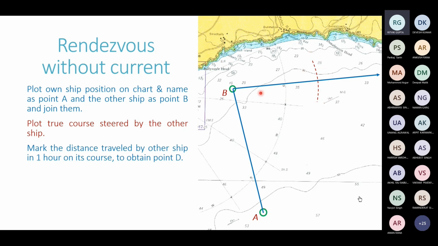The radius of this arc is equal to the distance traveled by the target ship or other ship in 1 hour. Let's mark this point as point D, where the arc is cutting the course line. Now this Bravo Delta is the target ship or other ship course and distance vector for 1 hour.